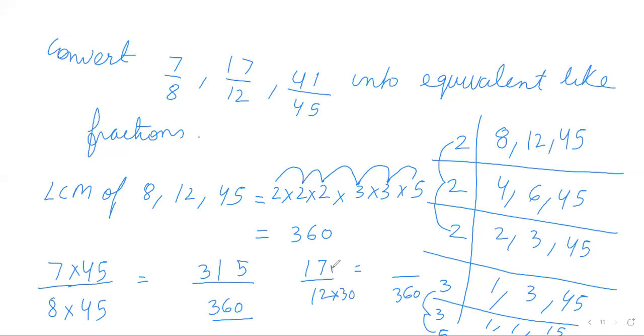So I should multiply both numerator as well as denominator by 30. Ma'am, you said 12 into 3, 12 into 3 is 36. Yes, ma'am.